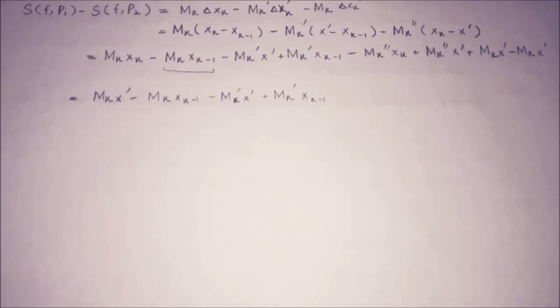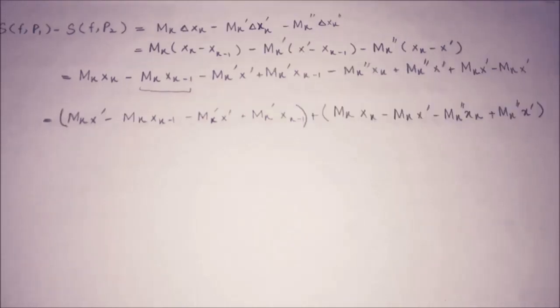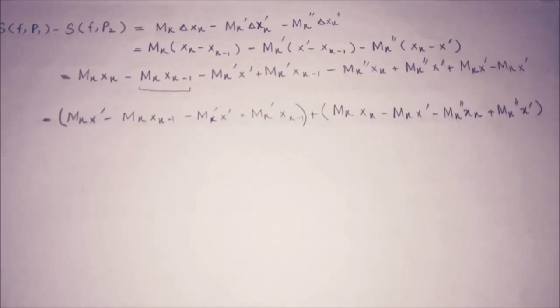So we'll write the remaining elements. So we have these elements now with the pairing of elements with the additional m_k x dash and minus m_k x dash. So now we will again make the pairs of two elements of the supremum, and then with the corresponding differences of the interval.